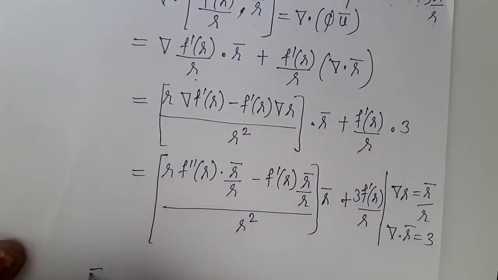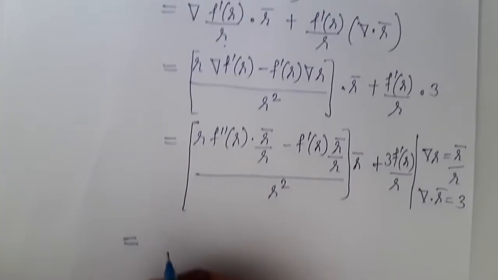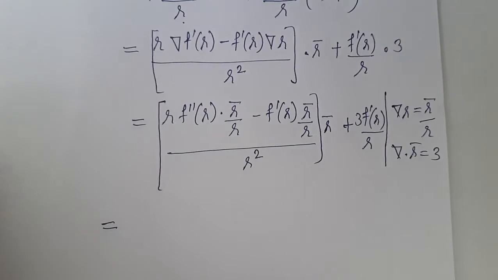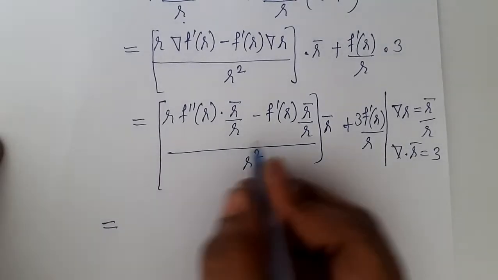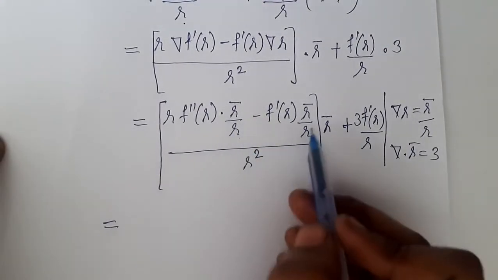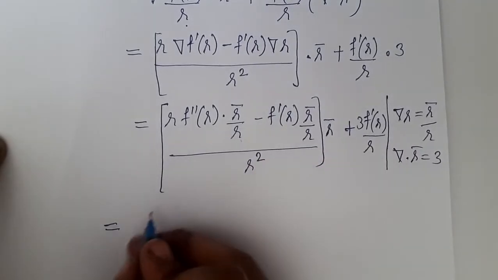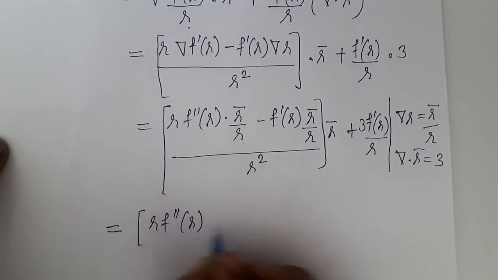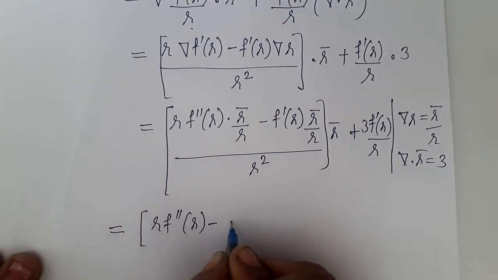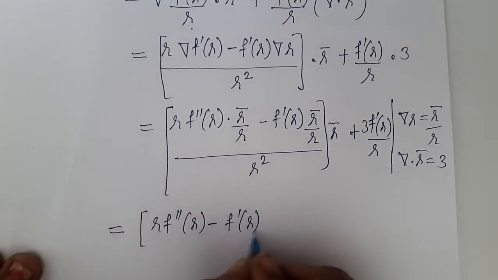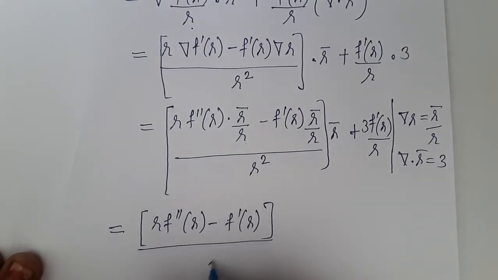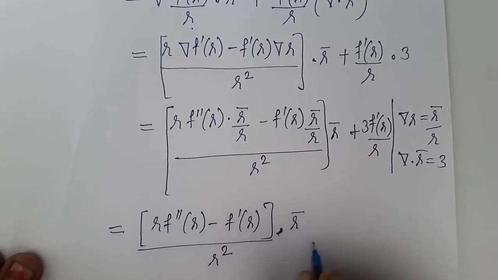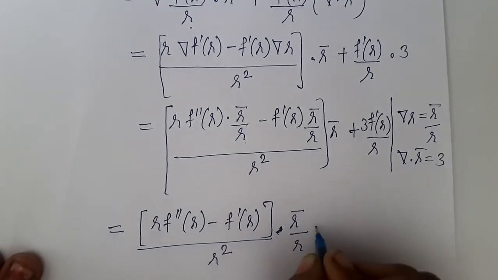So this is equal to, in the numerator, r by r is a common term, so we can take it outside. In the numerator, remaining is r into f double dash of r minus f dash of r, divided by r square, and from the numerator we have taken the common term, which is vector r divided by r.